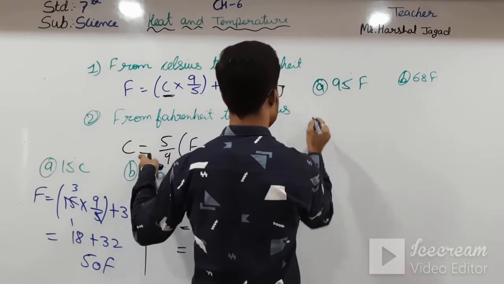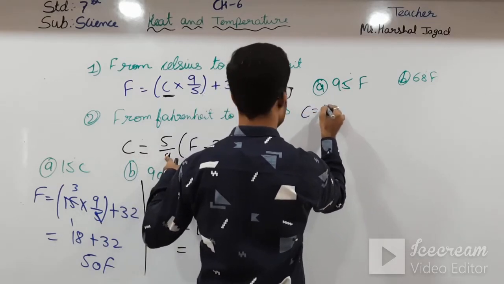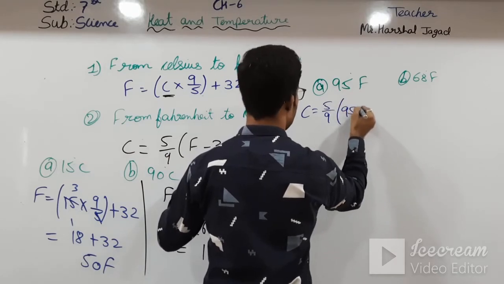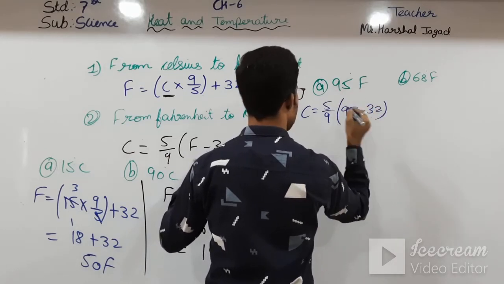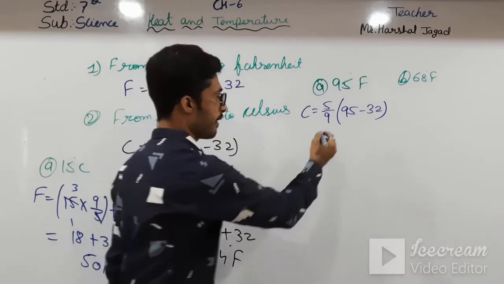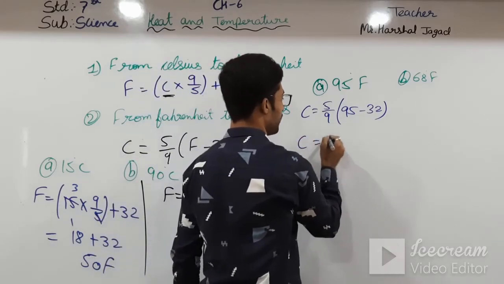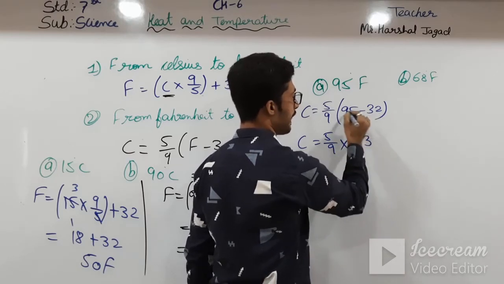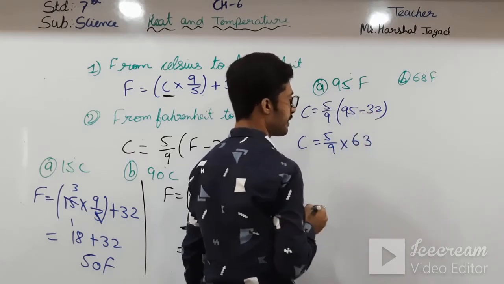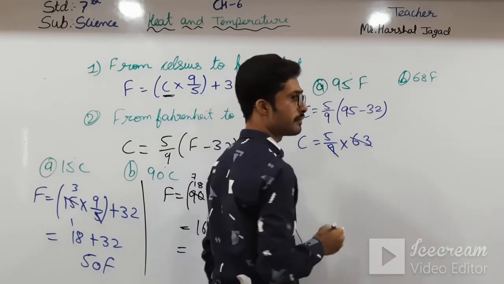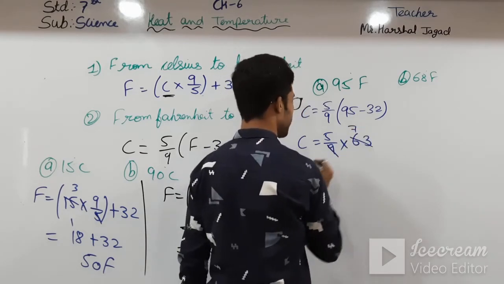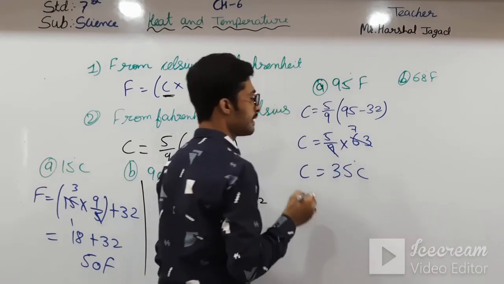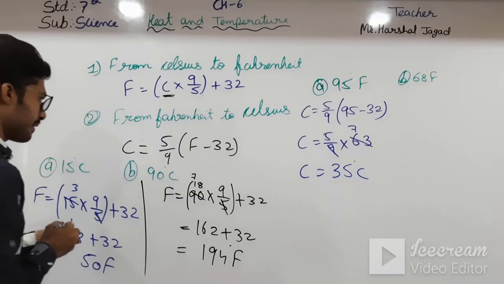For that the formula is C is equal to 5 by 9 into Fahrenheit, that is 95 minus 32. So 95 minus 32 is 63. 9 7s are 63. So 7 5s are 35 degree Celsius is our answer.